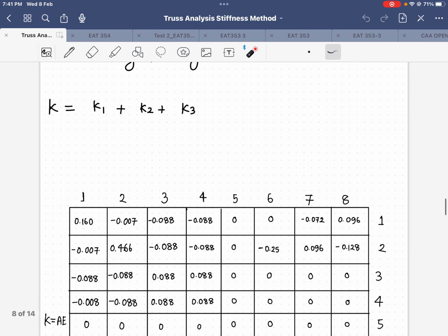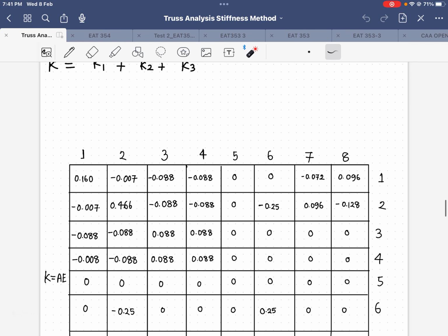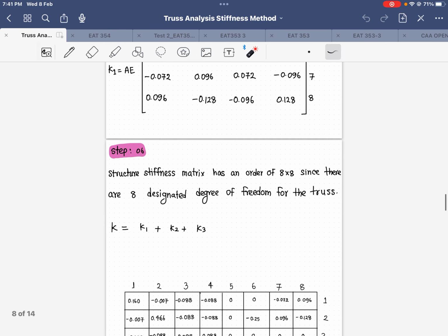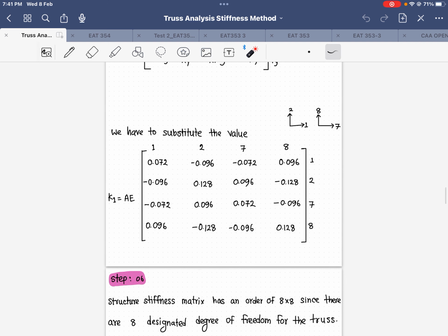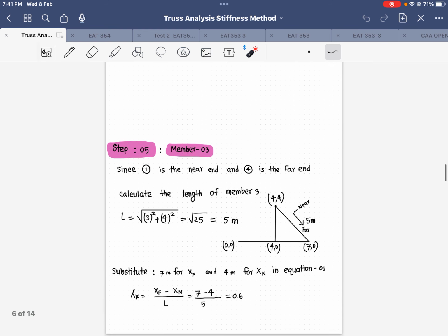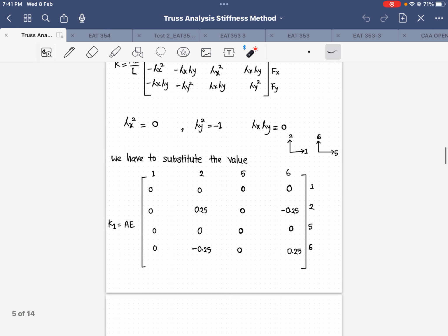Now for this one, we can see this is the first column and this is the first row, right? So we go into our 3 stiffness matrices, and there we see the first column and first row. So I get 0.072, plus. If I go for the second member, I have 1 and 1.